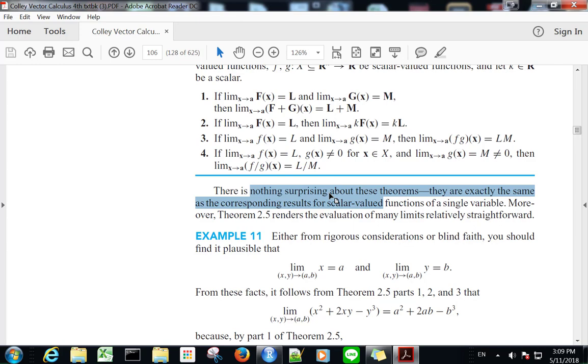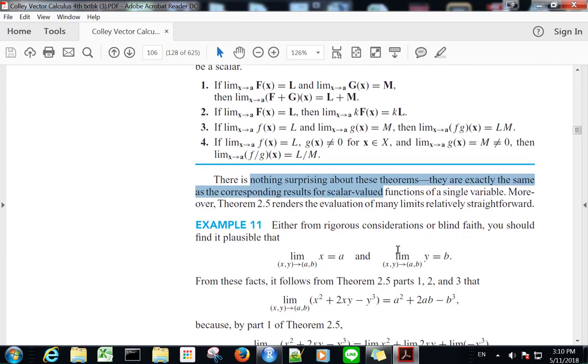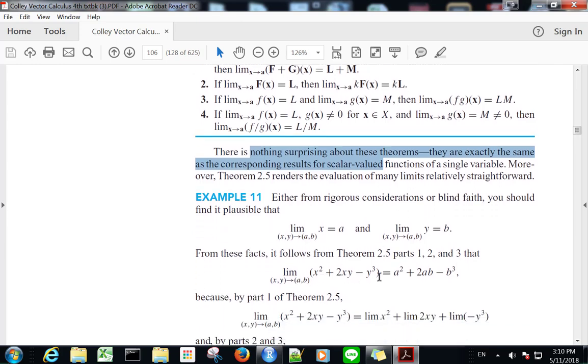Moreover, 2.5 renders the evaluation of many limits relatively straightforward. So if you want to do this one, then this says that you can break it up like this, to the limit of the first part plus the limit of the second part plus the limit of the third part, like this. And why can you do that?